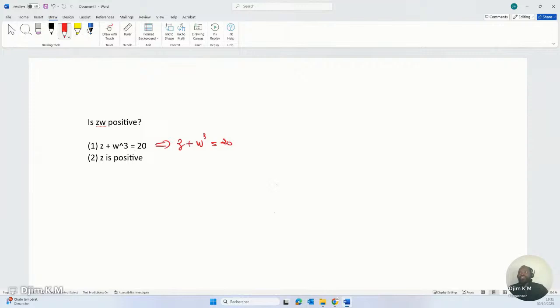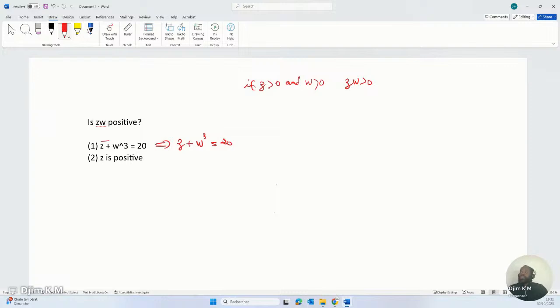Let's suppose that Z is positive, Z greater than 0, and W greater than 0. Then ZW is also greater than 0.